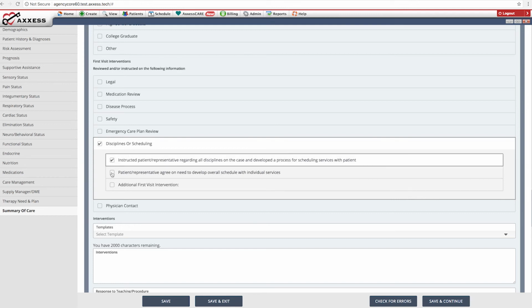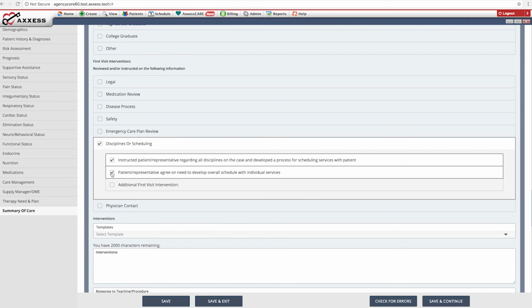What that means is, if I'm the clinician, a nurse going out to admit the patient, I don't know what their schedule with physical therapy is going to be. The patient is going to have to get that information from the therapist, because I have no idea if it's going to be 2 week 2 or 2 week 4. So that is the information there.